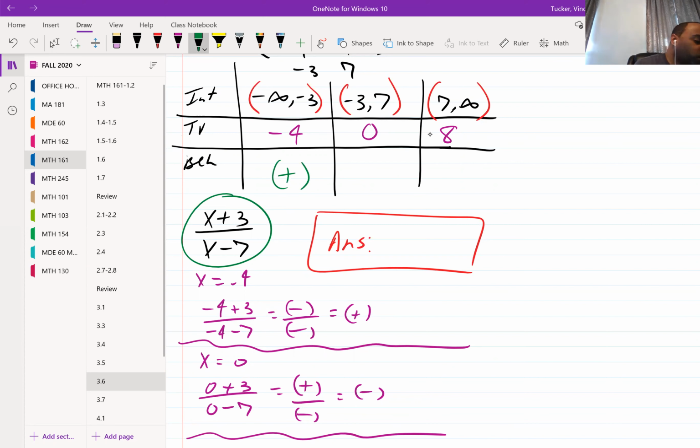Positive over negative gives me a negative result. And then plugging in positive 8 gives me positive over positive, which is a positive result.